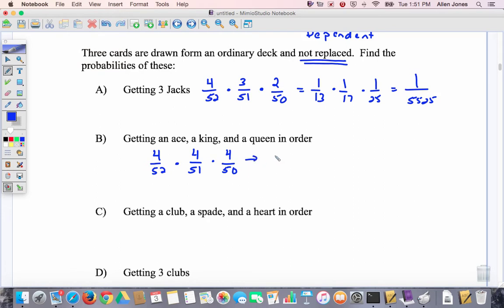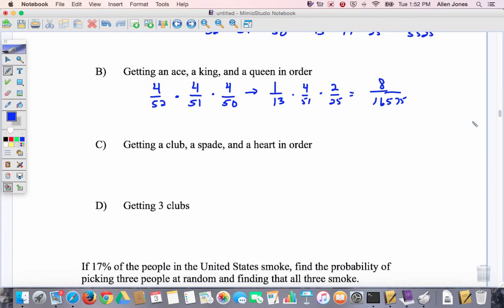So here you can see, once again, the same idea. We could simplify these down. 4 52nds is 1/13th. The 4 out of 51 is not going to simplify, but the 4 50ths will simplify to be 2 25ths. And if we multiply that, we get 8 out of 16,575.